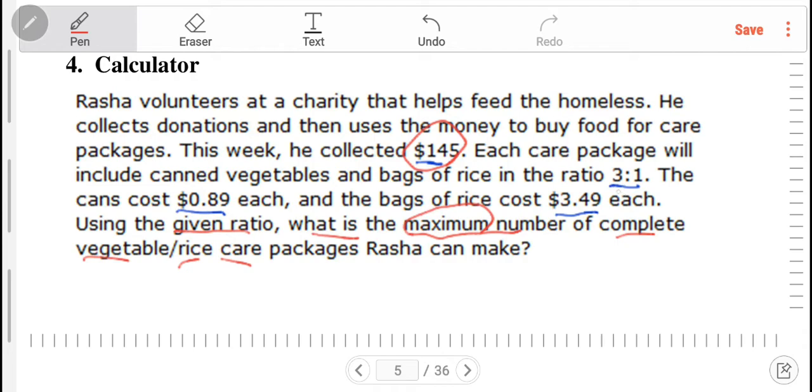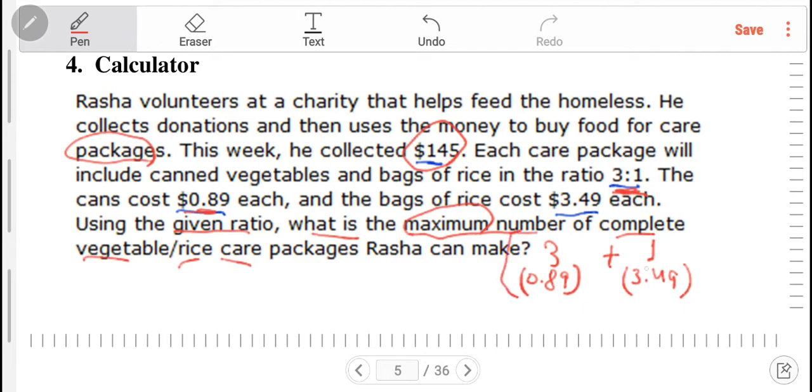So the ratio here may be 3 cans and 1 bag, 6 cans and 2 bags, and whatever. But if you wanted the maximum, just put in one package, 3 cans, which is $0.89 each, plus just one bag for $3.49.